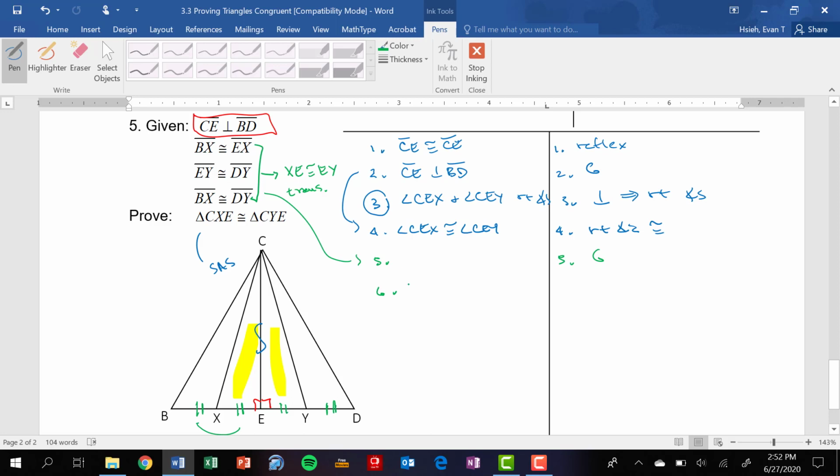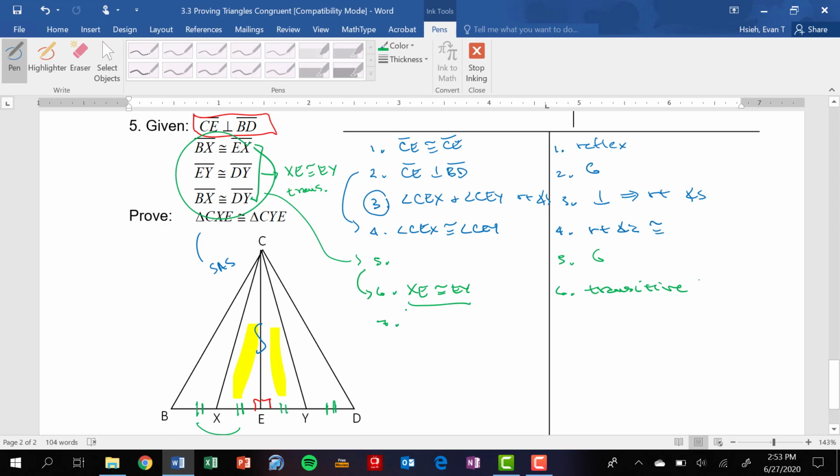And then now I can conclude from step 5 that XE is congruent to EY, right? Because if all of that stuff is true, all of this is true, then I can say that this is true. And that's by the transitive property. Okay, you can just write transitive.